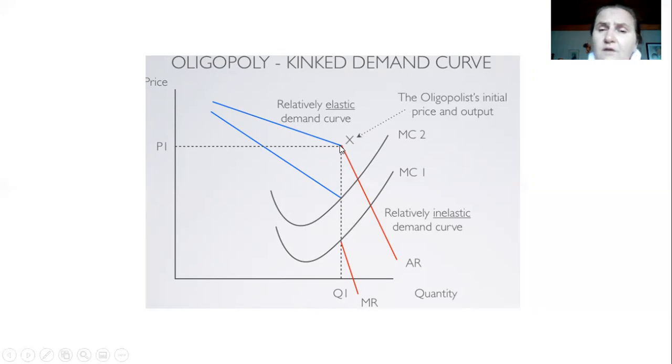Okay. Now, remember when we're doing the kinked curve, or any of these markets, my profit maximization occurs where marginal cost and marginal revenue intersect. Now, in this case, I've got two marginal cost curves. So that means my profit maximization point for this organization is going to be anywhere between there and there. So if my average cost can be anywhere between those two, I will be able to make an economic profit. All right.